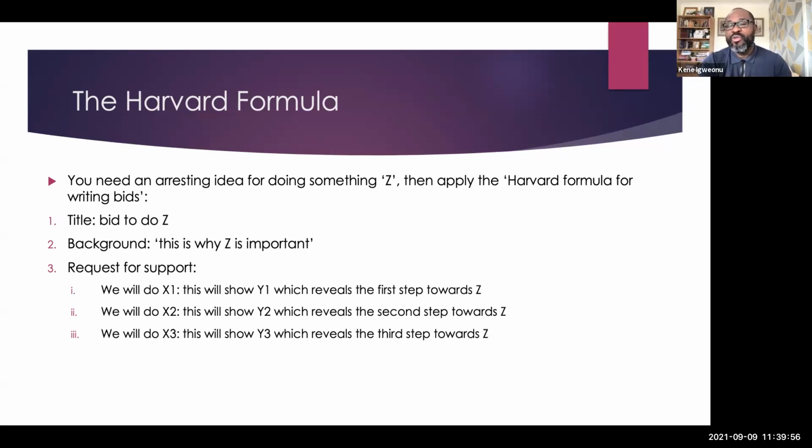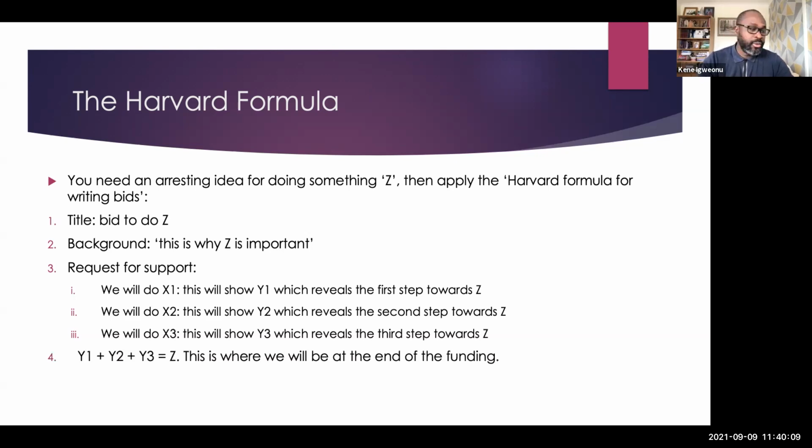Often this can be framed as research questions. What I've called request for support here are essentially your research questions, which you then develop in the rest of the proposal. This is the summary of it. You're saying that the Y1 to 3, which I'm going to show, will add up to Z at the end of the project.